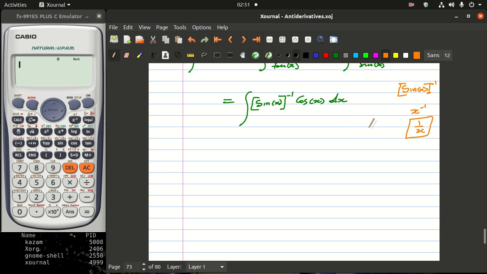Let me repeat, start from the beginning. I have this nice thing here. This one, I know that it is there in the integration table because the antiderivative, of course, is sine. But when we look into this function here, sine of x raised to -1 is not in the integration table.